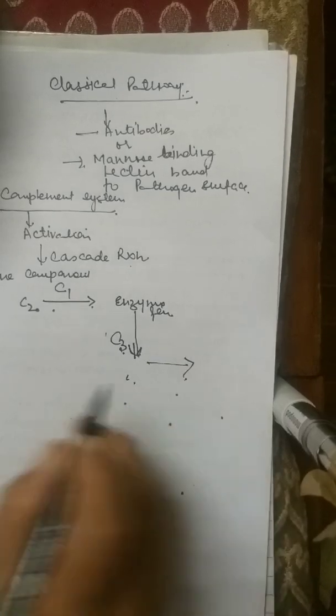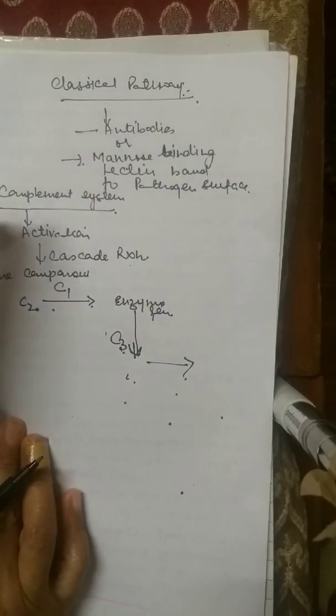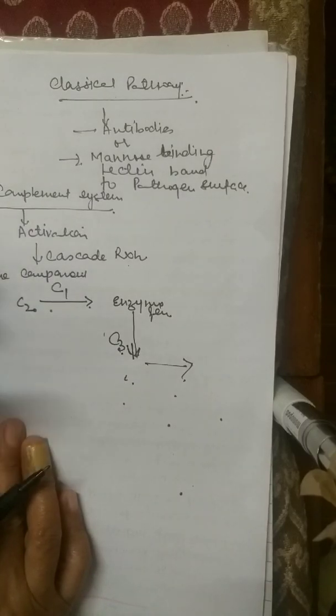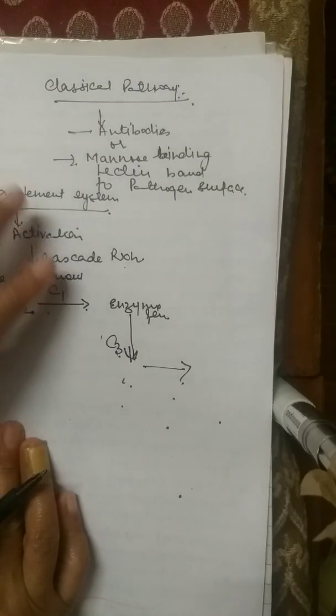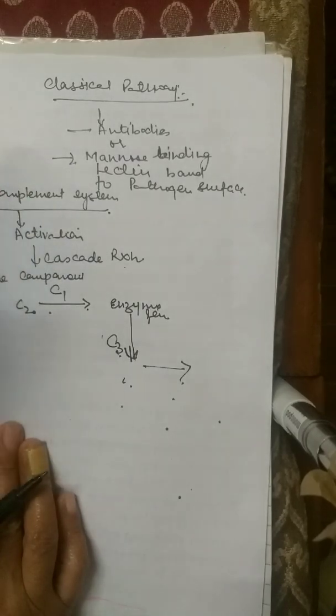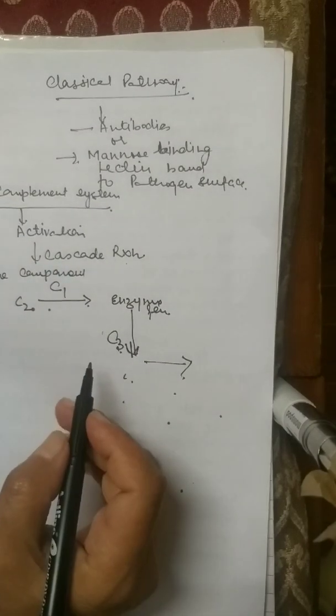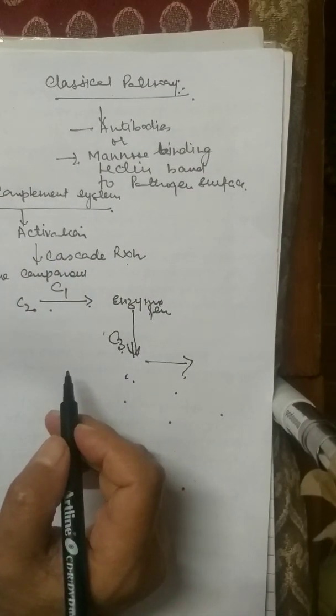So it is a chain reaction where one component acts as an enzyme for activation of another in a sequence, and in sequential manner the whole system is activated. Something like the cascade of the blood clotting system.